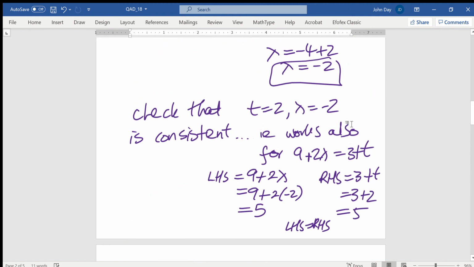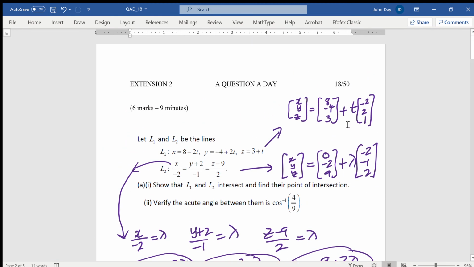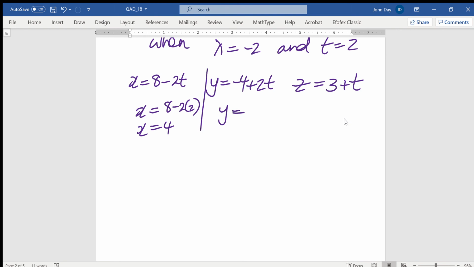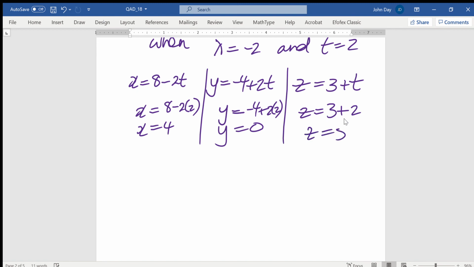And z, for that one, is 3 plus t. You could have picked the other line, it doesn't matter, because it's intersecting, so this works for both lines. So when t is 2, x is 8 minus 2 times 2, which is 4. Y equals minus 4 plus 2 times 2, which is 0. And z equals 3 plus 2, so z equals 5. So the lines intersect at (4, 0, 5).